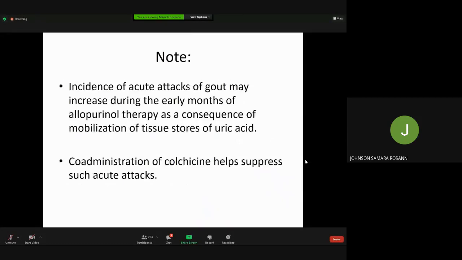This is what I've said before, that the incidence of acute attacks of gout may increase during the early months of allopurinol therapy, because as you lower the uric acid in blood, you have mobilization of tissue stores of uric acid. Once they get into the bloodstream, then they get to the joints where it's cooler, and they keep precipitating. So to reduce these attacks, you can co-administer the allopurinol with colchicine to prevent those recurrent acute attacks.